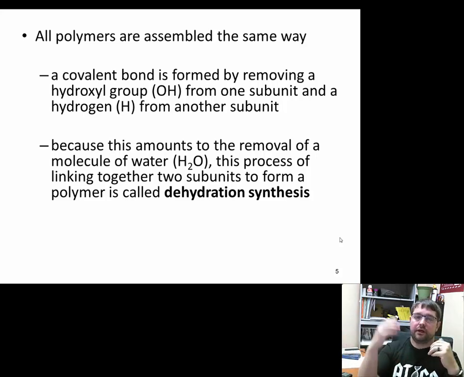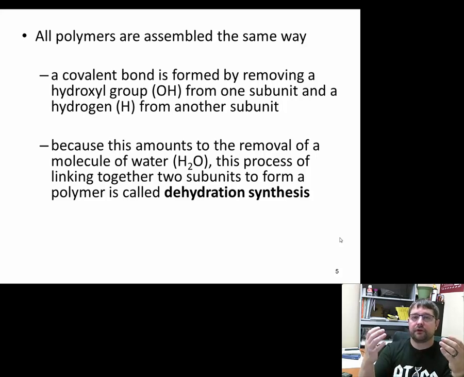Energy has to be supplied in order for the bond to form, typically between carbon and another element on one of the monomers. Sometimes that's nitrogen, sometimes that's oxygen. It just depends on what type of molecule we're talking about.